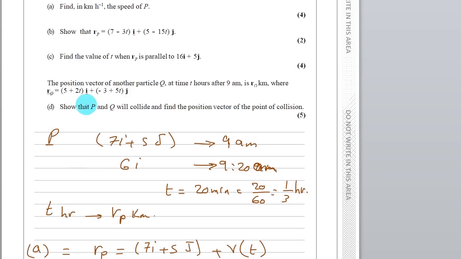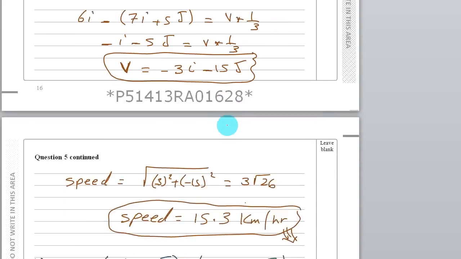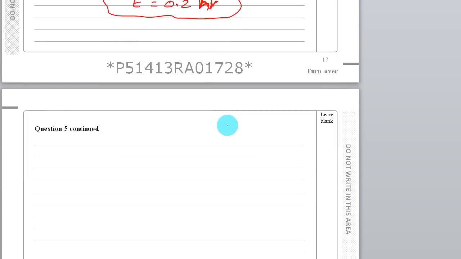Number D, show that the position vector of another particle Q at time t hours after 9 is RQ kilometers, where RQ is equal to 5 plus 2t i plus minus 3 plus 5t j. Show that B and Q will collide and find the position vector of the point of collision. So let us write this question.